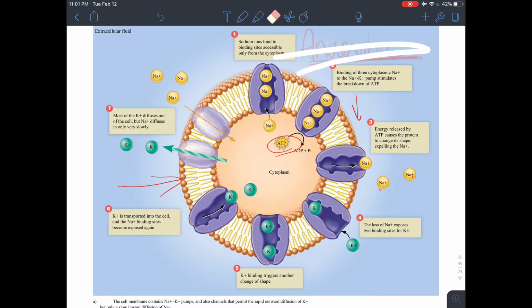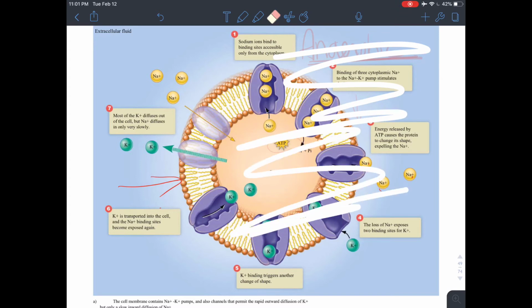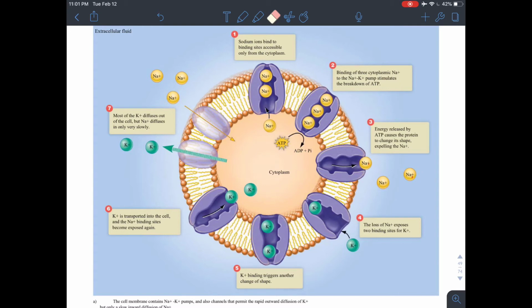Now, what else could affect the function of this sodium potassium pump? Since we're here, we'll just talk about it briefly. If we had some kind of electrolyte problem, for instance, if we had low sodium levels, we don't see that as much, but what we do tend to see is some kind of pathology that has to do with potassium.